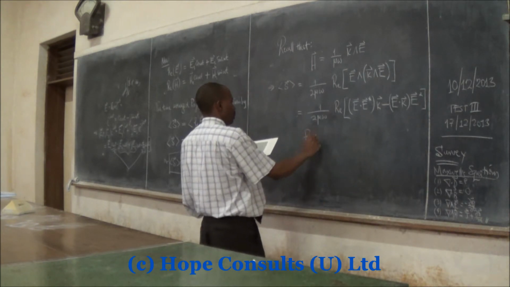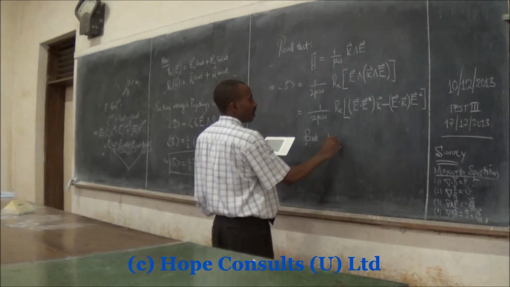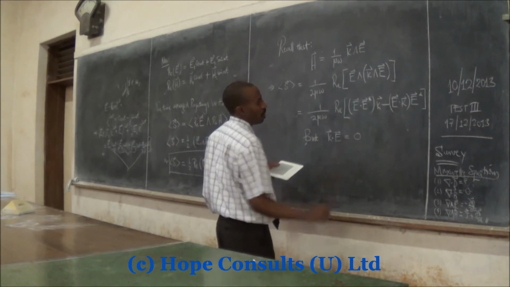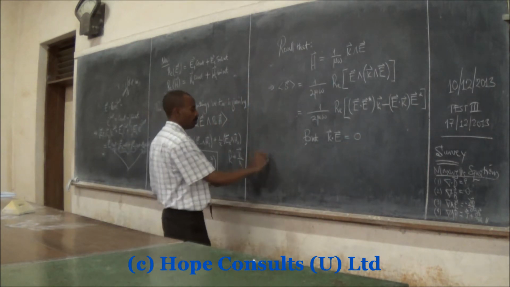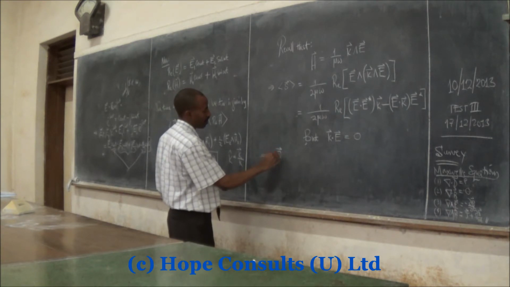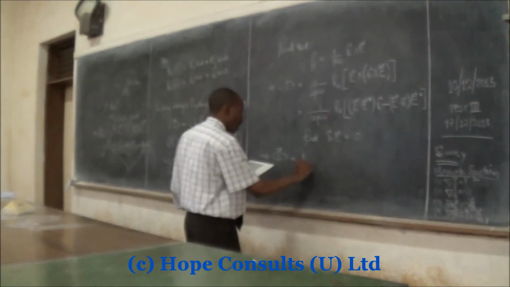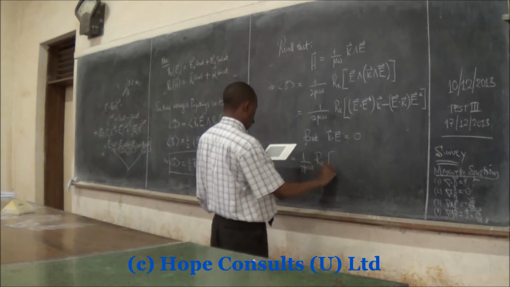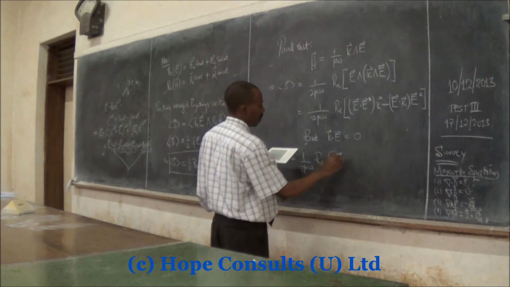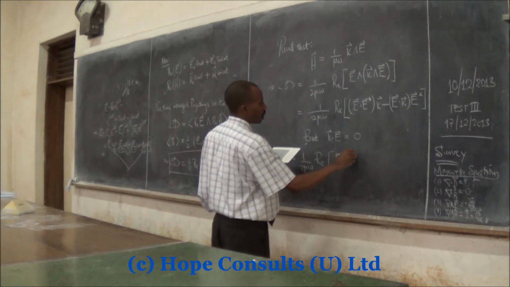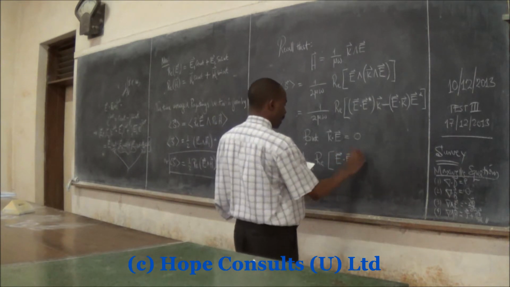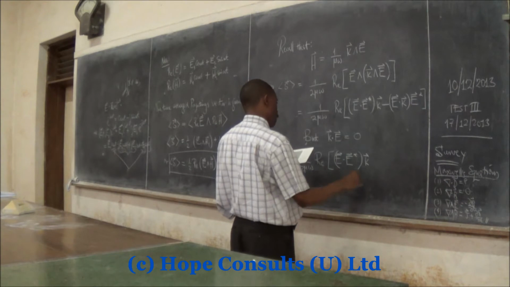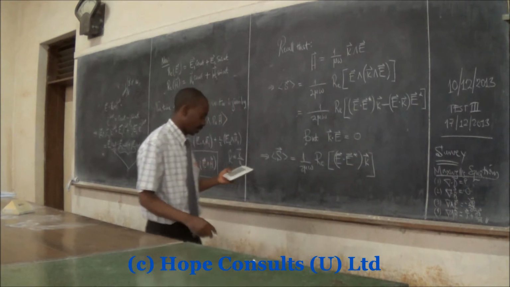But K dot E, we say it is equal to 0. So this would imply that our S would be equal to 1 over 2 mu omega, the real value of E dot E complex conjugate multiplied by the propagation vector K, and then I can close the brackets.